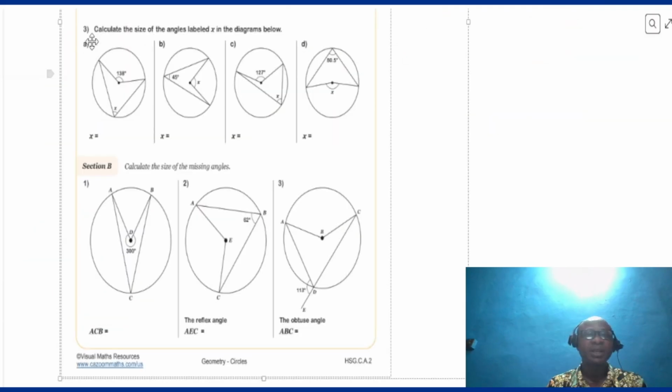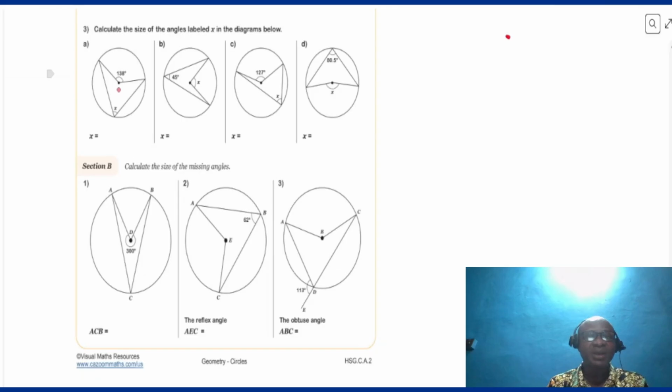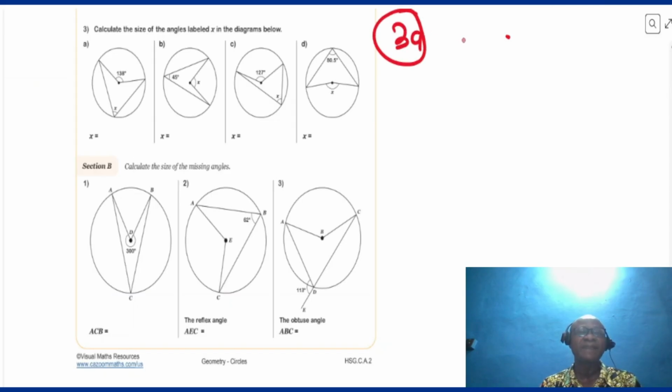Question 3a, the first one. You can see there, the angle at the center is 138. Can you see that? Yes, sir. Now, I am asked to find the value of x. The value of x is going to be 138 divided by 2. And what is the reason?